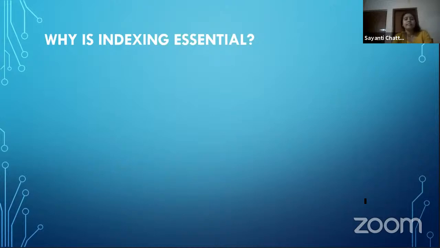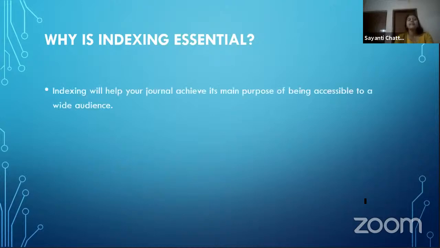Why is indexing essential? Indexing will help your journal achieve its main purpose, being accessible to a wide audience. If your journal is indexed in Google Scholar or in Scopus, Scopus is from Elsevier, or the SCI from Thomson Reuters, it will go to more audience.